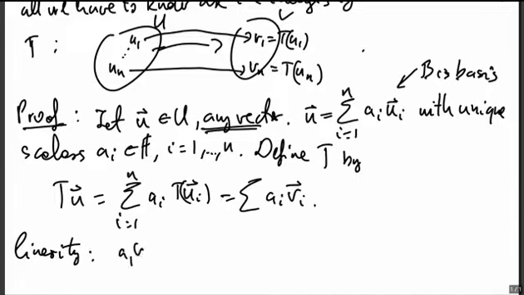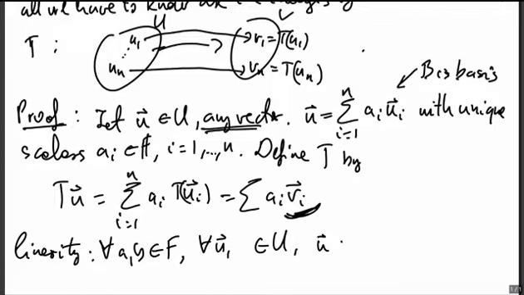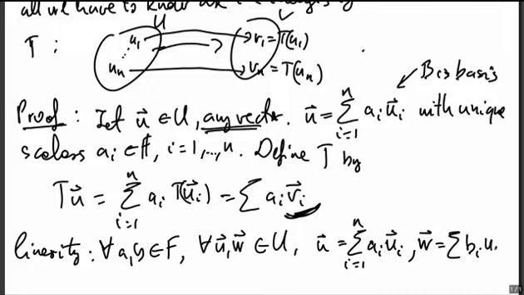For linearity, it's easy to check. So if you have a, b from F, and then for all vectors u and w from the vector space U, because again B is a basis, we should be able to write u as a linear combination of the basis vectors. I have to use a different notation now for w, because the v's are reserved for the list of vectors from the vector space V. So let me use w. Then w should be written as some kind of linear combination of the basis vectors.